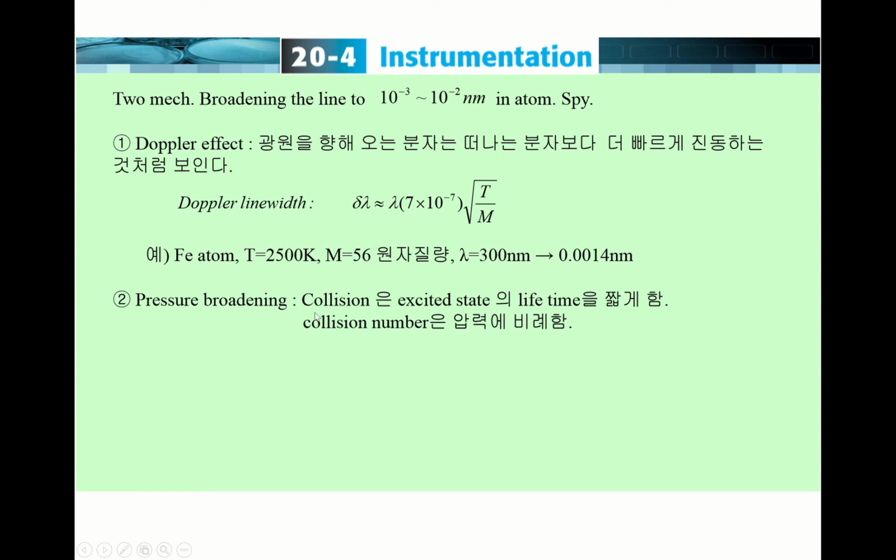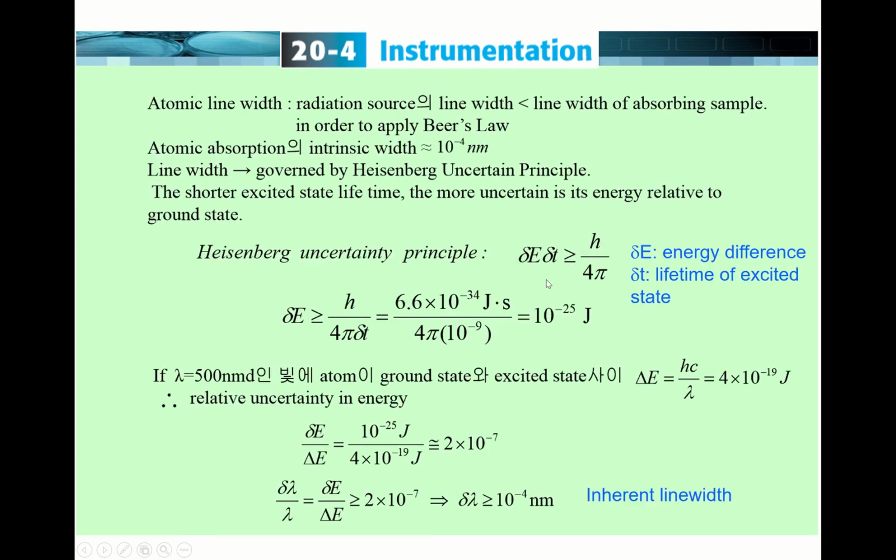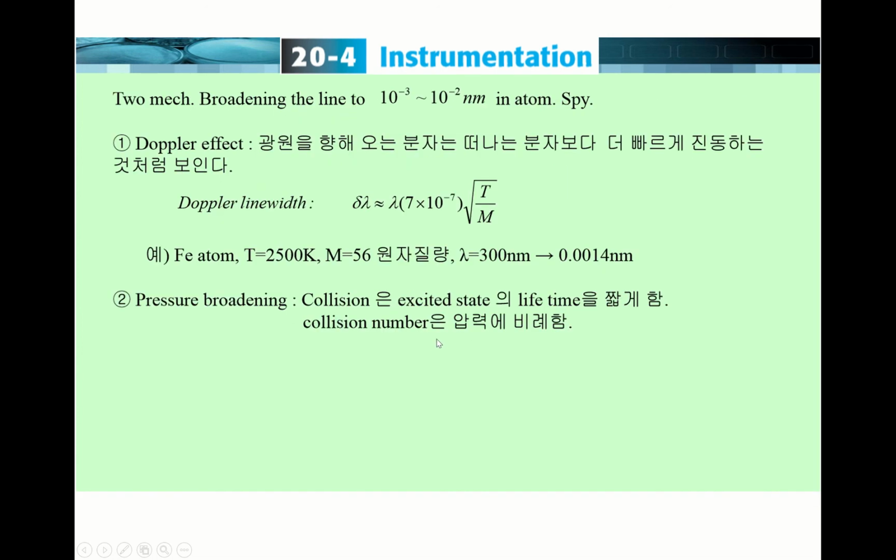Another line broadening mechanism is pressure broadening by collision. When collision takes place, the lifetime of the excited state becomes short. From the Heisenberg principle, if delta t is short, then delta E becomes larger.